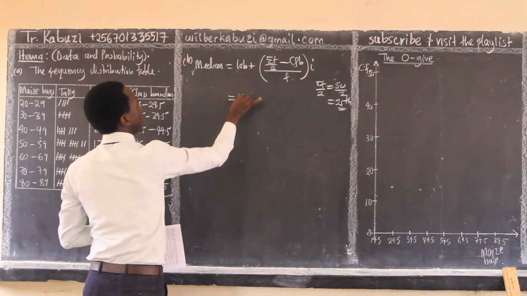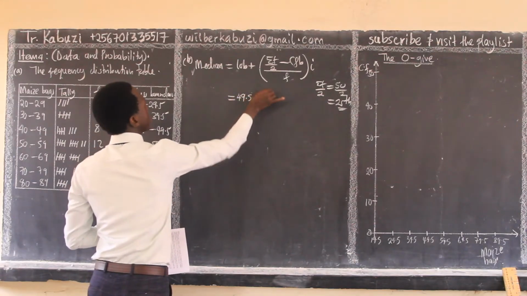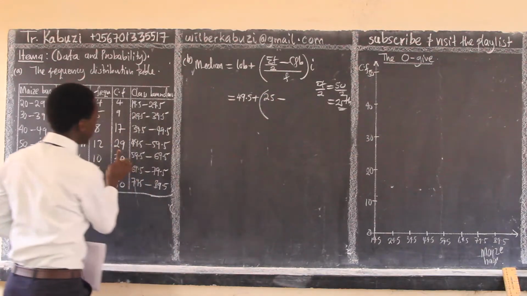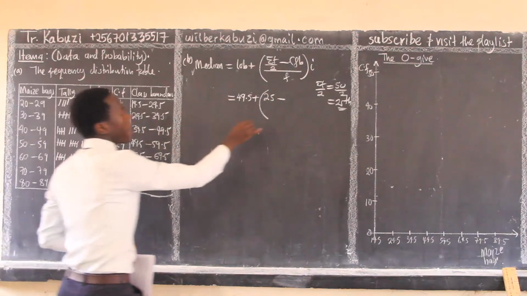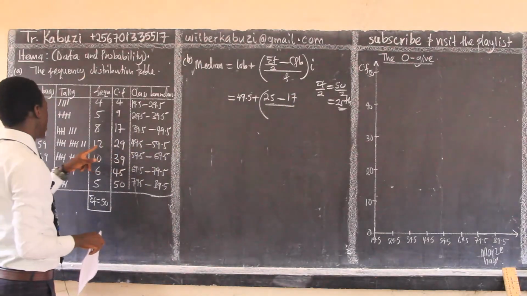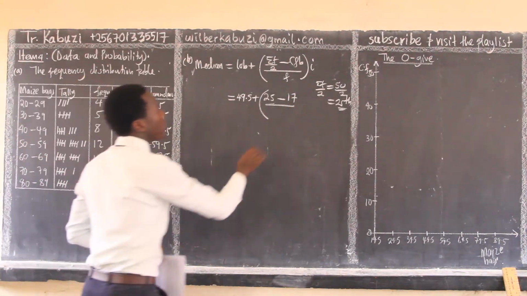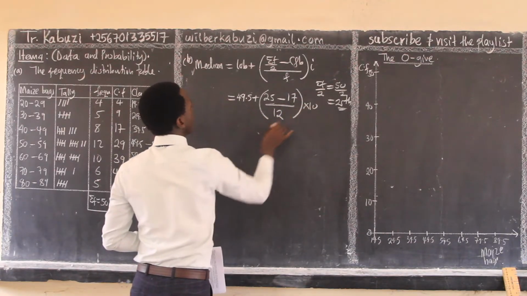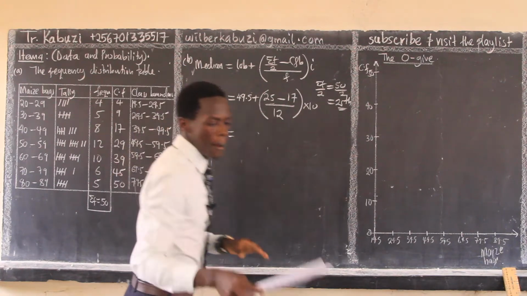So 49.5 plus summation F over 2, which we have seen is 25, minus the cumulative frequency before, which is 17, over the frequency in here, which is 12, times the class interval, which we saw was 10.